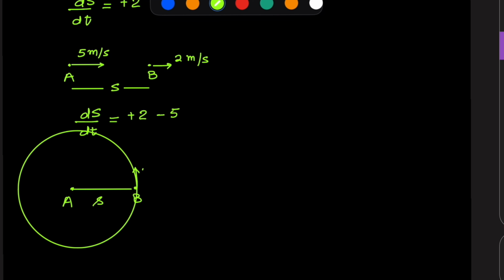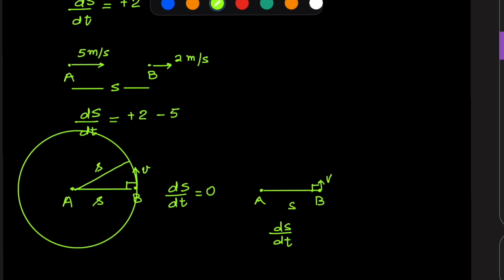So this velocity will not change the separation, because the separation will always remain equal to the radius, and therefore d by dt of s due to this velocity will be 0. So what we learn here is that if we have two particles and one of the particles happens to be moving in a direction perpendicular to the line joining the particles, then this velocity will not change the separation at this instant. So d by dt of s will be 0.